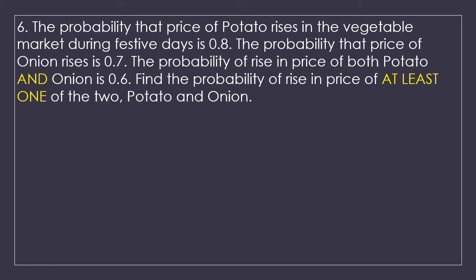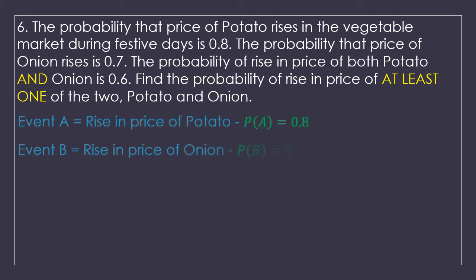What we are going to do, first of all, event A is rise in price of potato. The probability is already given, 0.8. Similarly, rise in the price of onion is event B, so probability is 0.7. And I have highlighted the words here, at least one. Now I think you guys must be familiar with at least one. This is a group of words used in the definition of law of addition itself.